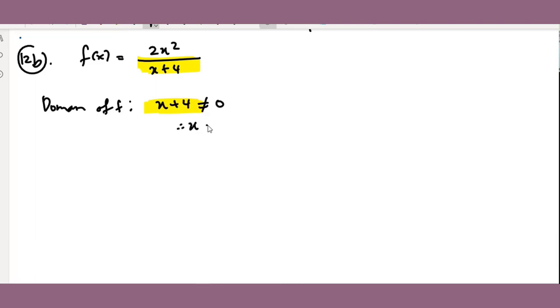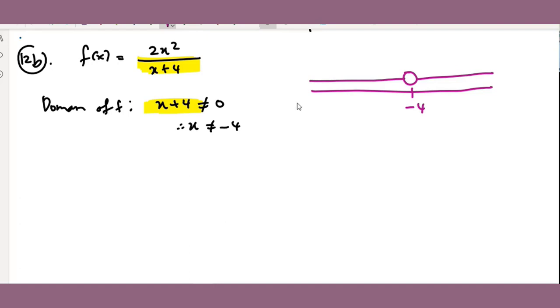Therefore, x is not equal to -4. Then draw the number line, -4. Okay, the domain is all numbers from negative infinity to positive infinity except negative 4. Or change this one to interval.